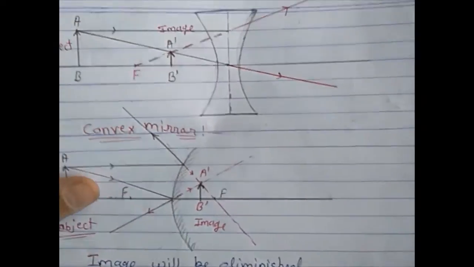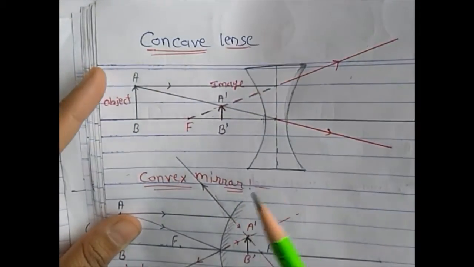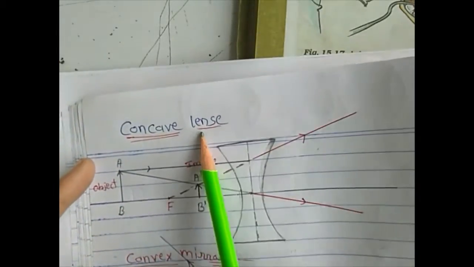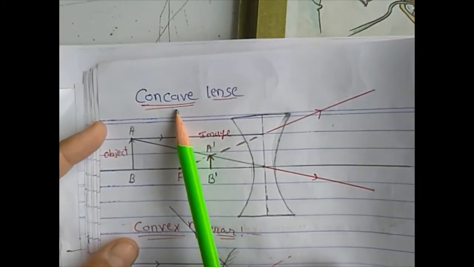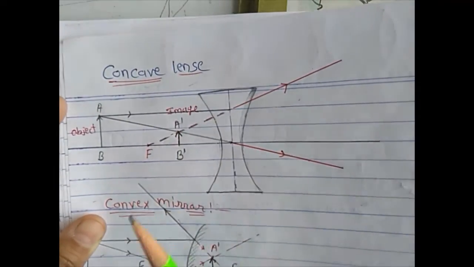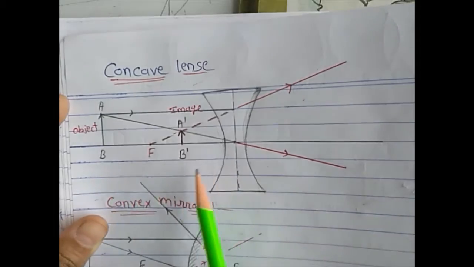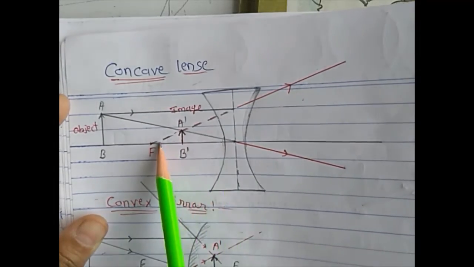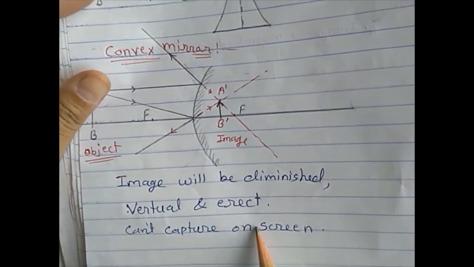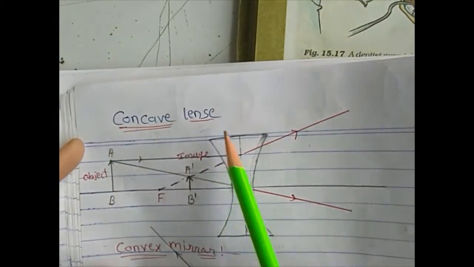And next we can observe concave lens and convex mirror. So this is the concave lens. We can see here that images form virtual images.